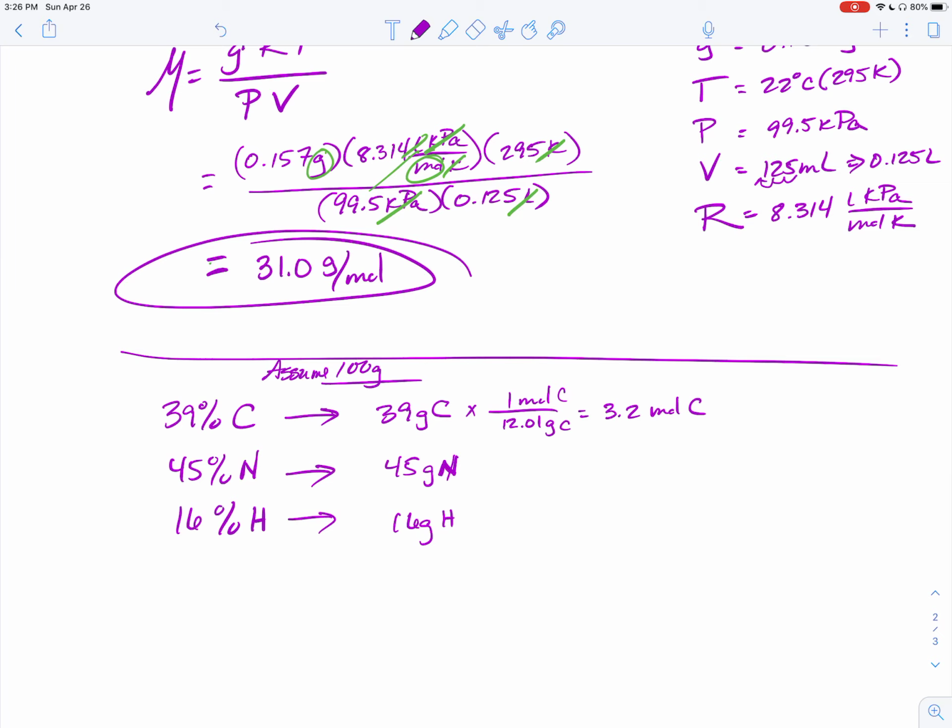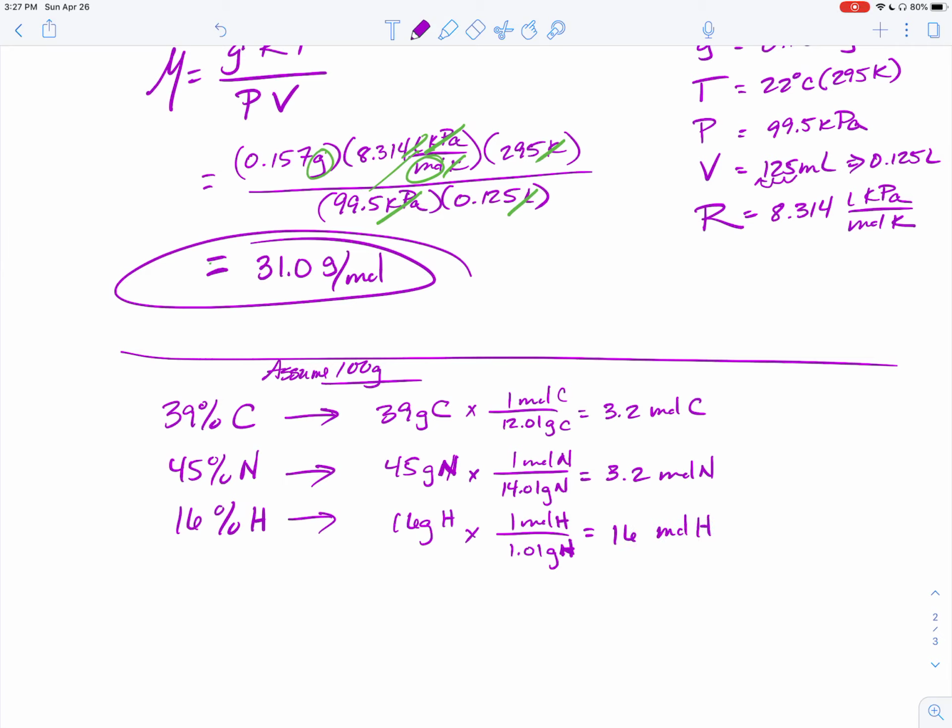For nitrogen, it's 14.01 grams of nitrogen equals 1 mole. And that translates to 2 sig figs of 3.2 moles of nitrogen. And for hydrogen, the atomic mass is 1.01 to 1 mole of hydrogen. That equals 16 moles of H.